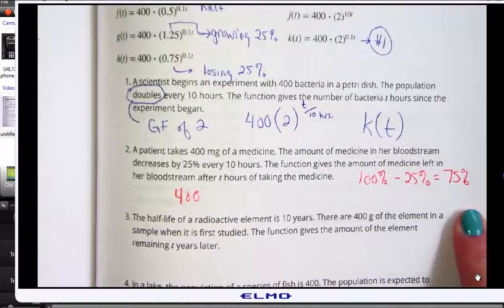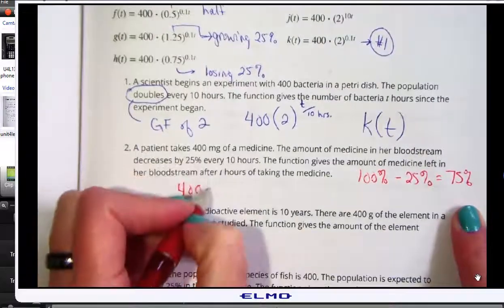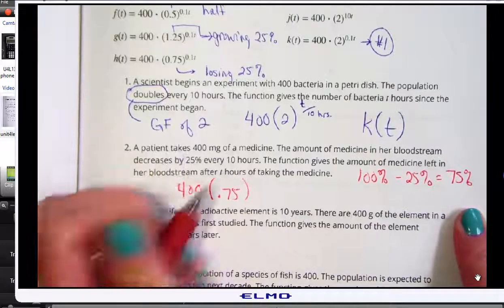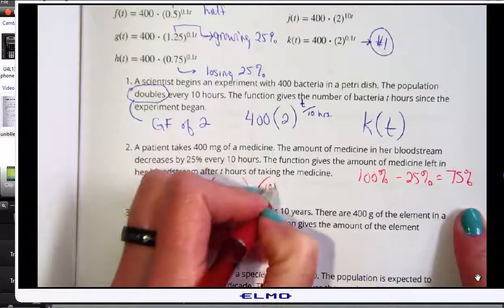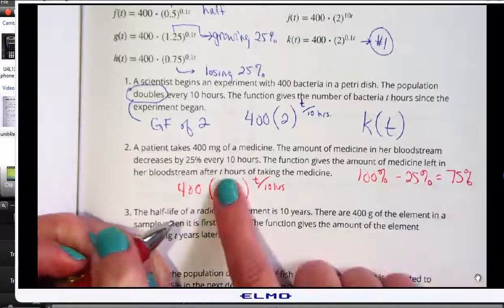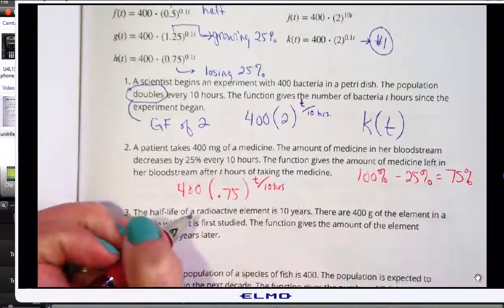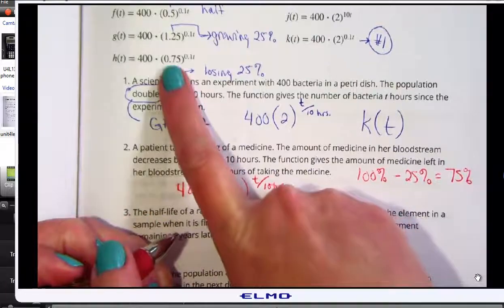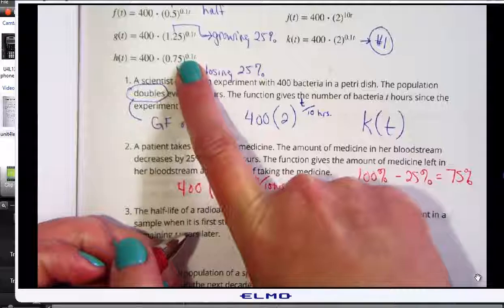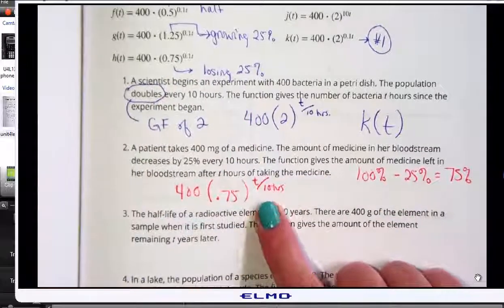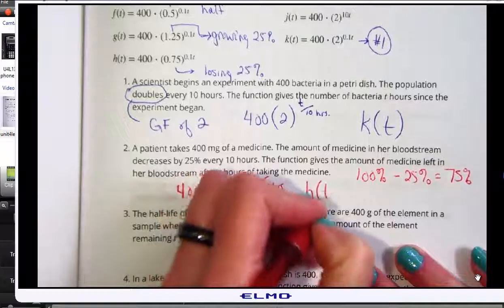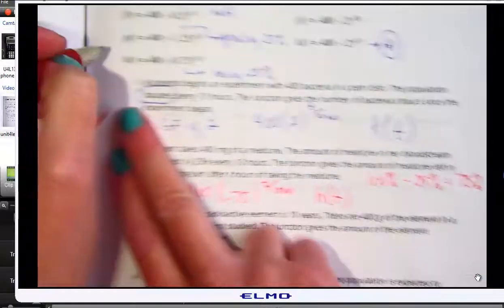And if that's the case, we would have a 0.75 multiplier here. It does that every 10 hours. We want to know every 1 hour, t hours, so we'd have to divide however many we have by 10. And we are definitely matching up here with h of t. Again, that 0.1 t is the same as finding 1/10 of t. And so we're going to match this guy with function h.